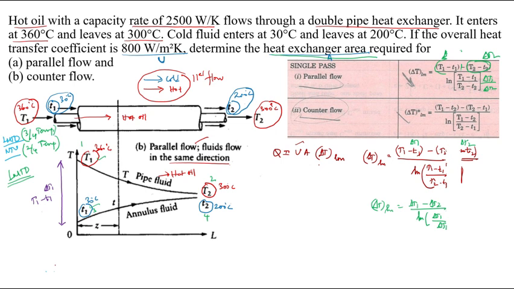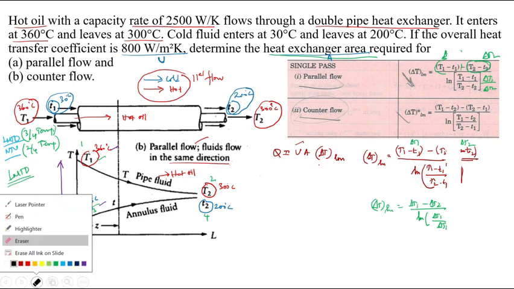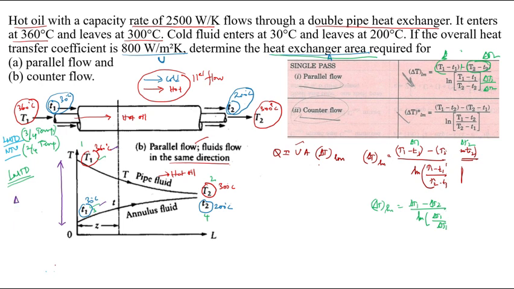T1 is 360 and small t1 is 30. So delta T1 is equal to 360 minus 30, which is 330 degrees Celsius. That is delta T1.